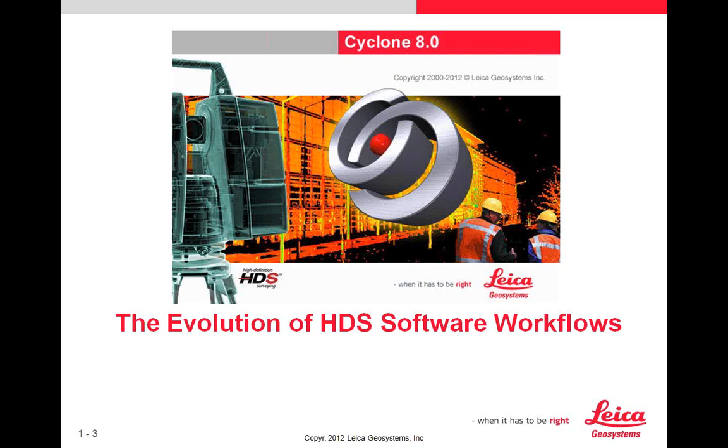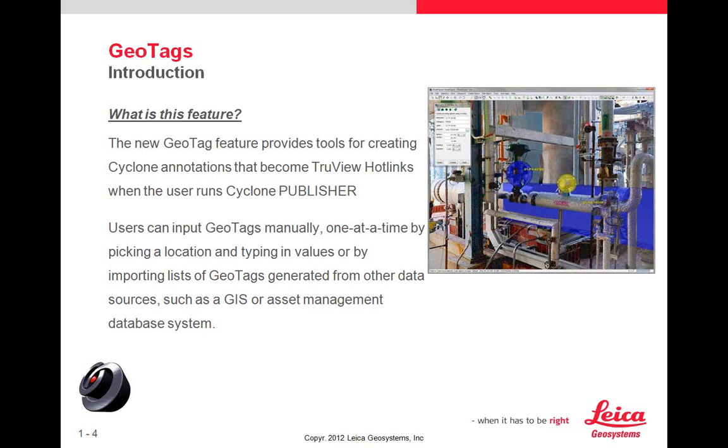Okay. So what we really say is, and Mike, please feel free to comment as you see fit, the evolution of some of our workflows through some of the new technologies and tools available in our Cyclone products. What we have to show you, first of all, is a way to integrate GIS into your workflow.